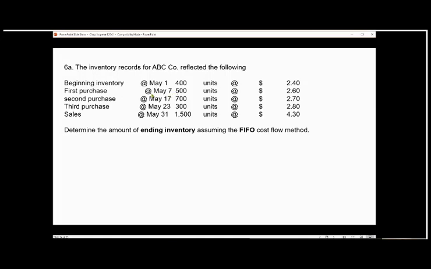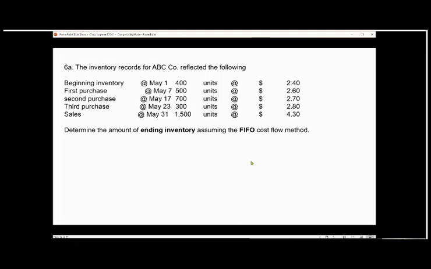And how many of these May 17th units did we sell? 600. We sold 600. And so now we kind of got a big picture idea of what's going on here. So we sold all 400 of these, all 500 of these, and all but 100 of these. So they want to know ending inventory under FIFO. Ending inventory under FIFO is going to be 100 of these units at 270 and then 300 units of these at 280. That's going to be the answer.